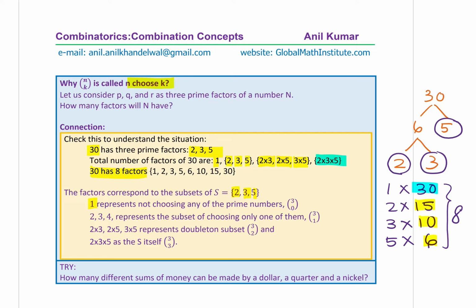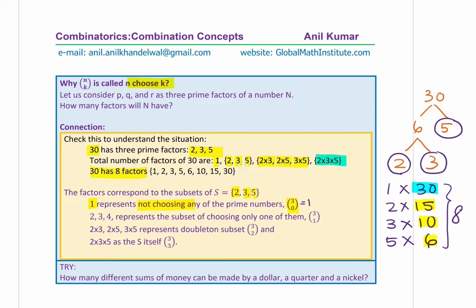In our combination, there are 3 elements: 2, 3, and 5. If we don't choose any, then we get 3C0, and 3C0 is equal to 1. So we got one of them. Now, the second group of 2, 3, and 5 is selecting only one of them.